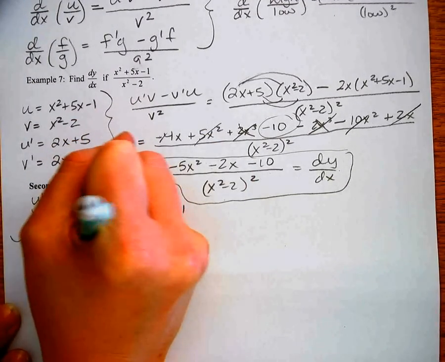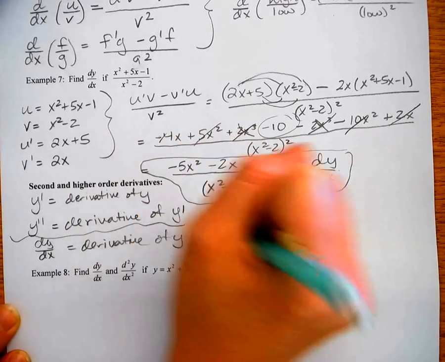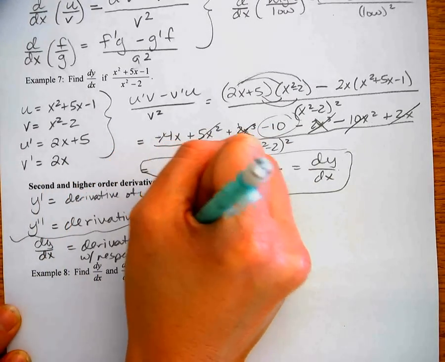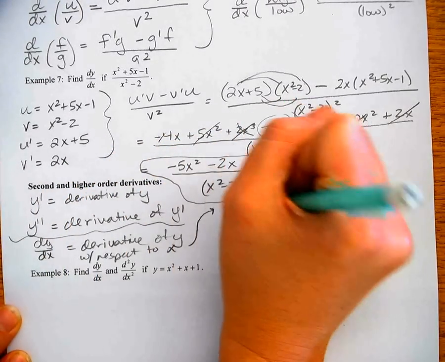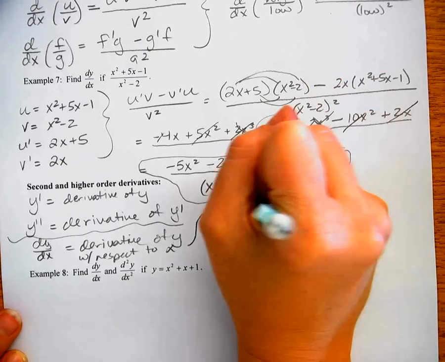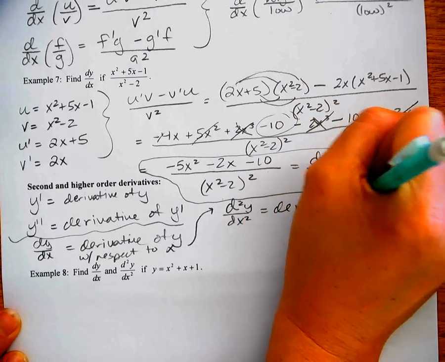dy dx, again, is the derivative of y with respect to x. If you see d2y over dx squared, that's the derivative of dy dx with respect to x.